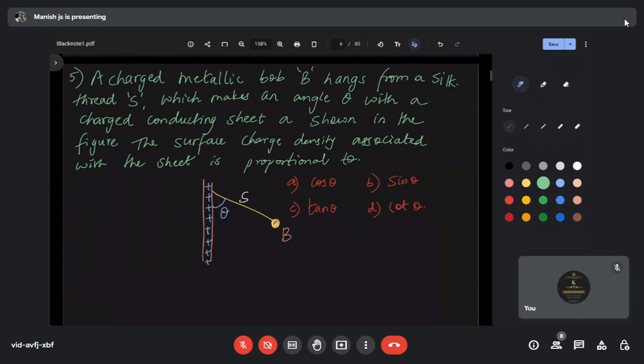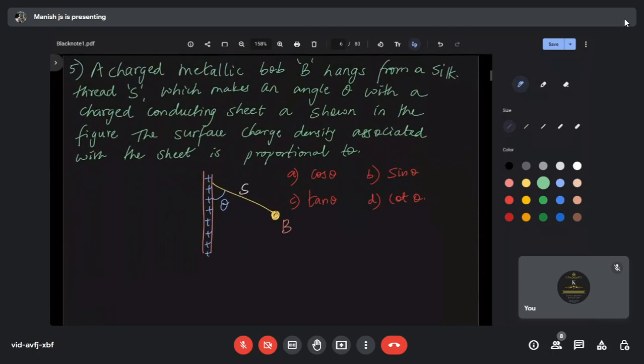So draw all the forces, show it, and then proceed with solving at equilibrium. So what are the forces that are acting on the metallic bob? Gravitational force. First one, vertically downwards, you have the mg force.